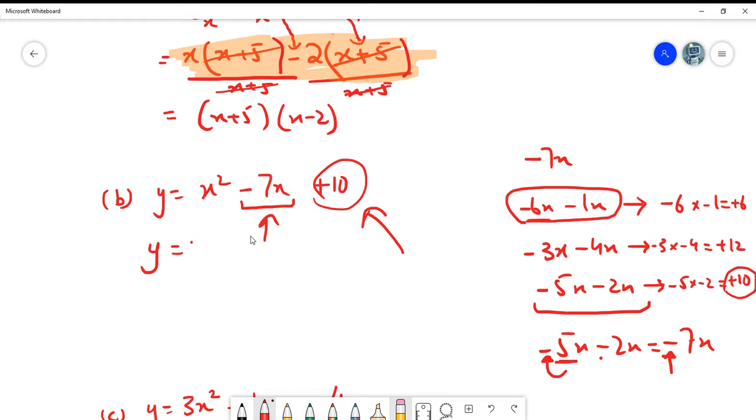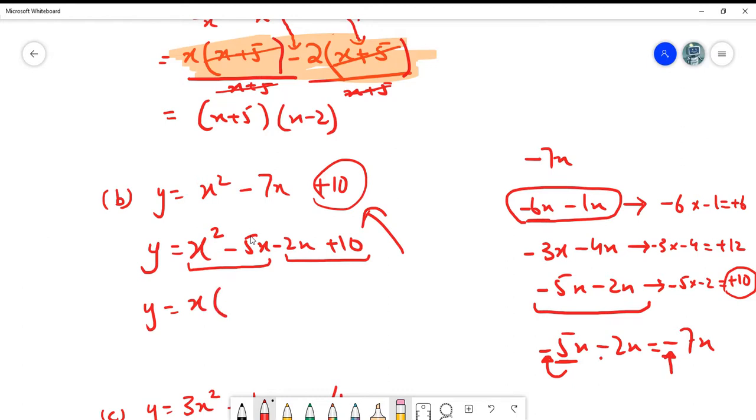Carrying on with the combination that we've just discovered, we'll write x squared as it is and we'll replace minus 7x with the combination that works. In this case, minus 5x minus 2x followed by plus 10. Now, again, we make pairs as we did in the previous example and we look at what's common in the first pair.